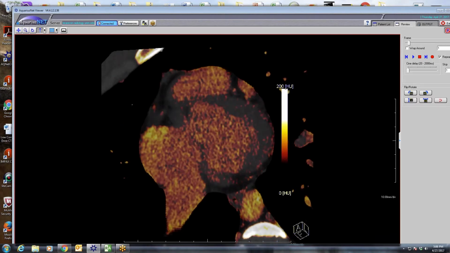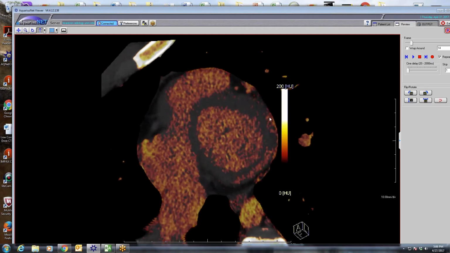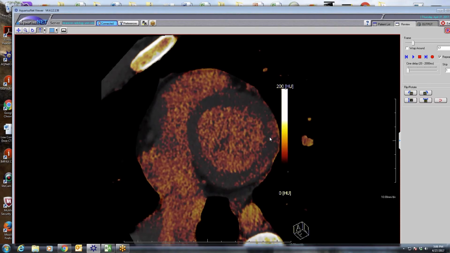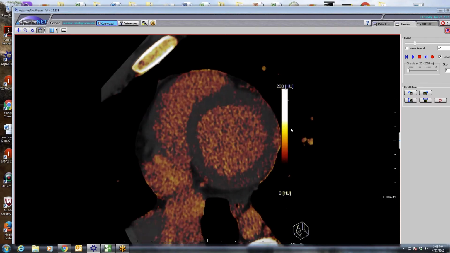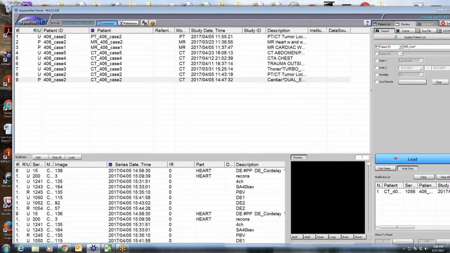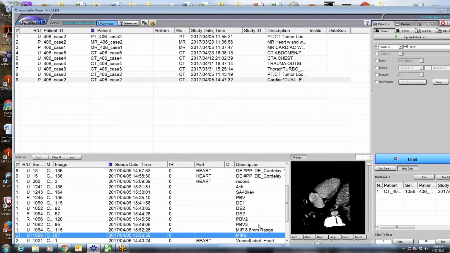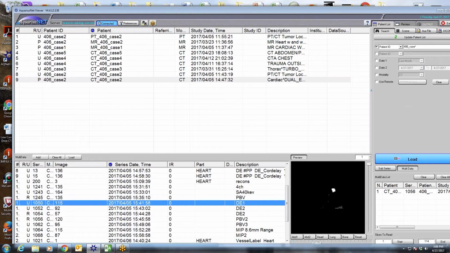You can see here we turned the myocardium darkish, and then you can see all of the contrast uptake within the myocardium on CT. So I thought this was a dramatically striking case of myocarditis, but also shows what I think is a very underutilized use of CT if the patient has a contraindication for MR.